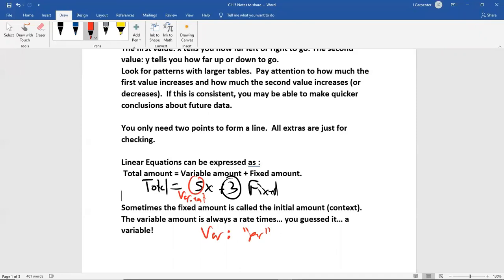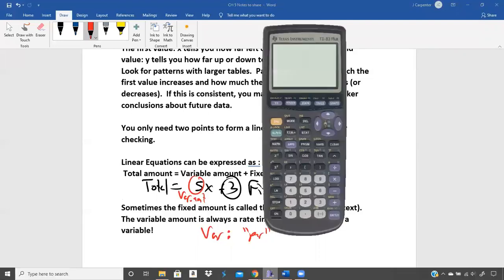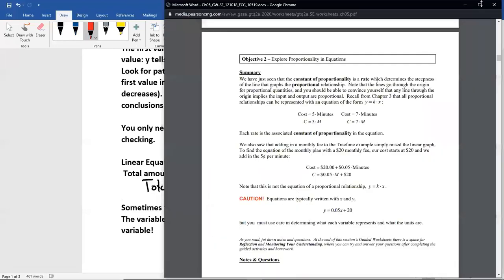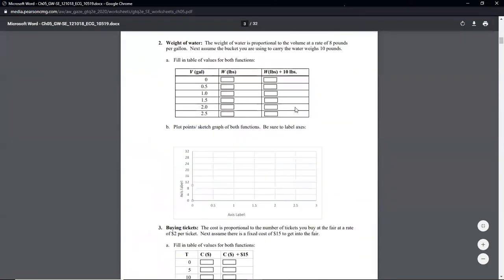So what we want to do is take this idea of being able to write equations for our models, and go back to the 3 or 4 problems we did last time where we graphed them, and now actually write out their equations. You can use words, you can use letters, you can always use y and x if you really like, but I'm going to try to stick to letters that are a little more relevant for the problem. So again, we made these 3 graphs.